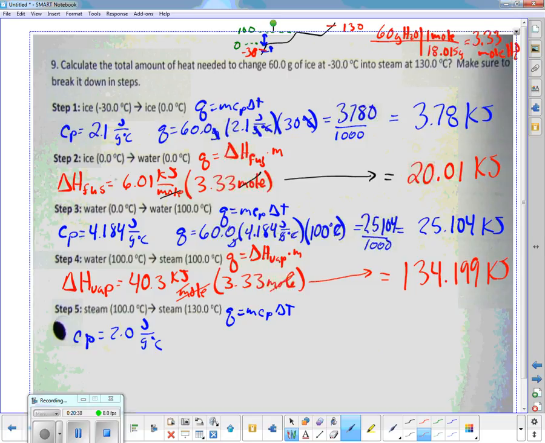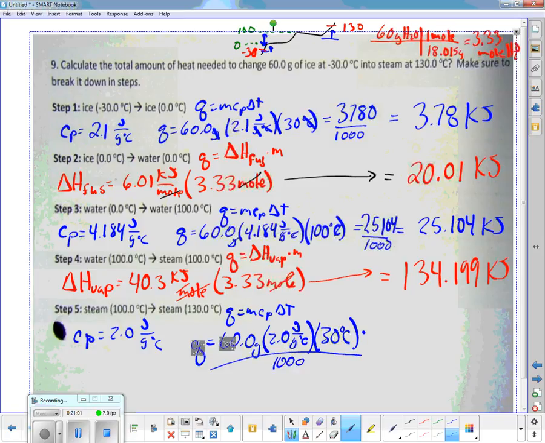Okay, next one. We're doing steam. So now we're doing from the 100 right here up to the top. So our change in temperature is going to be 30. So Q is equal to 60 grams times the 2.0 joules per gram degree Celsius times the 30 degrees Celsius. And we're going to divide that all by 1,000. I ran out of room, sorry. It is equal to 3.6 kilojoules.